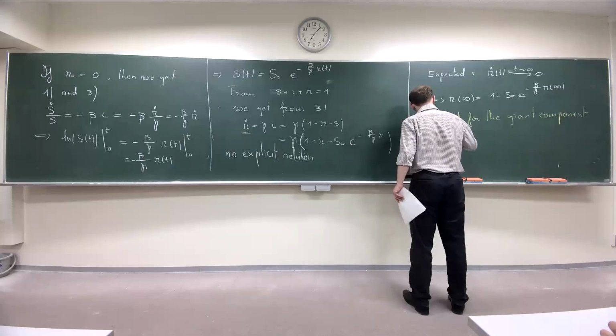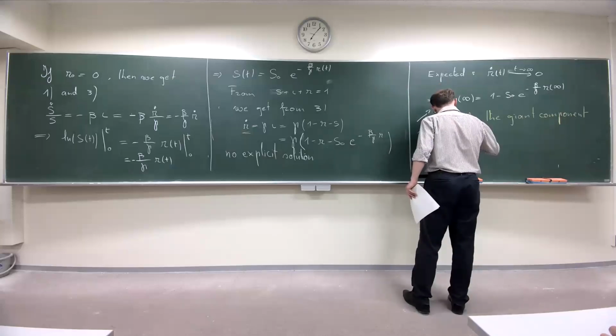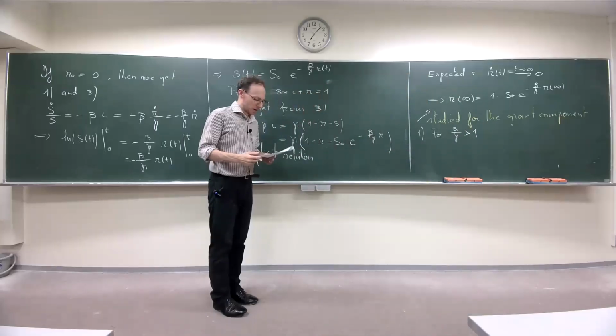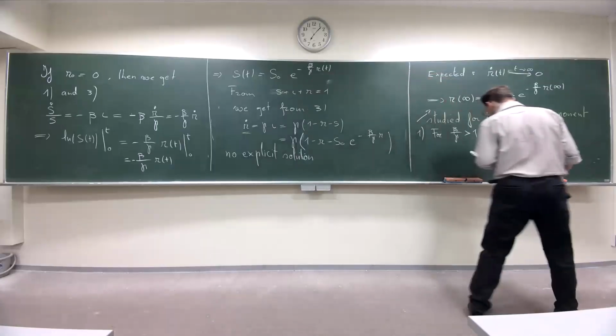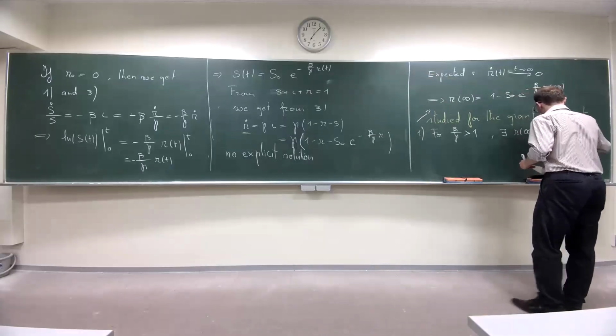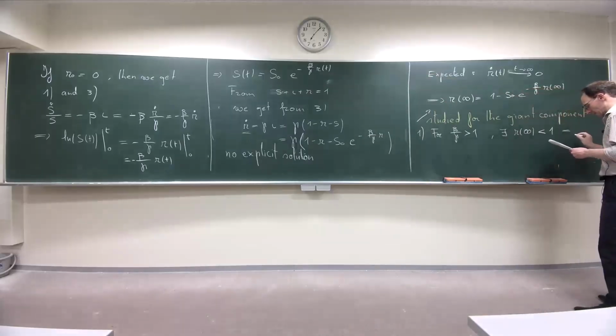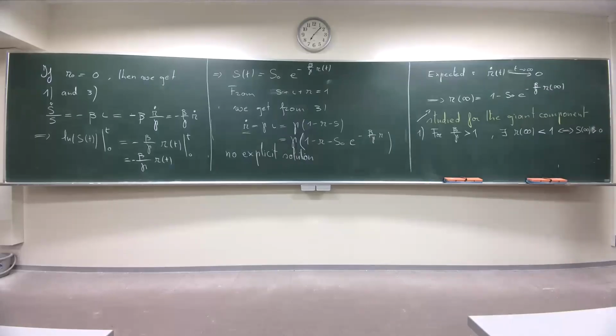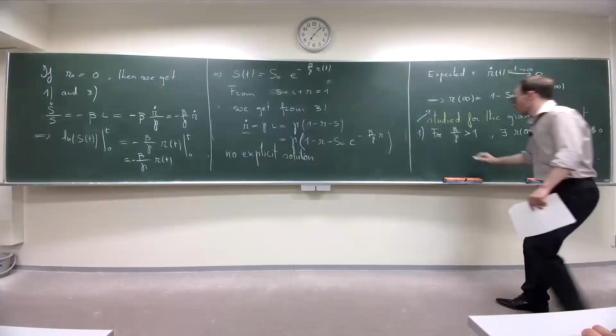One is for beta over gamma bigger than 1. If you plot this, there exists an R infinity smaller than 1, which is equivalent to S of infinity bigger than 0. I get this simply by doing the same picture as we did for the giant component.